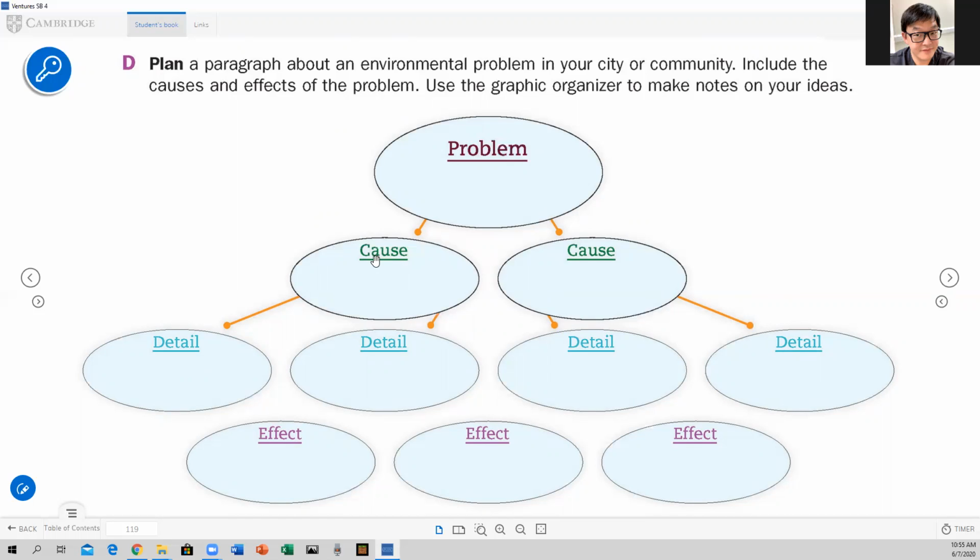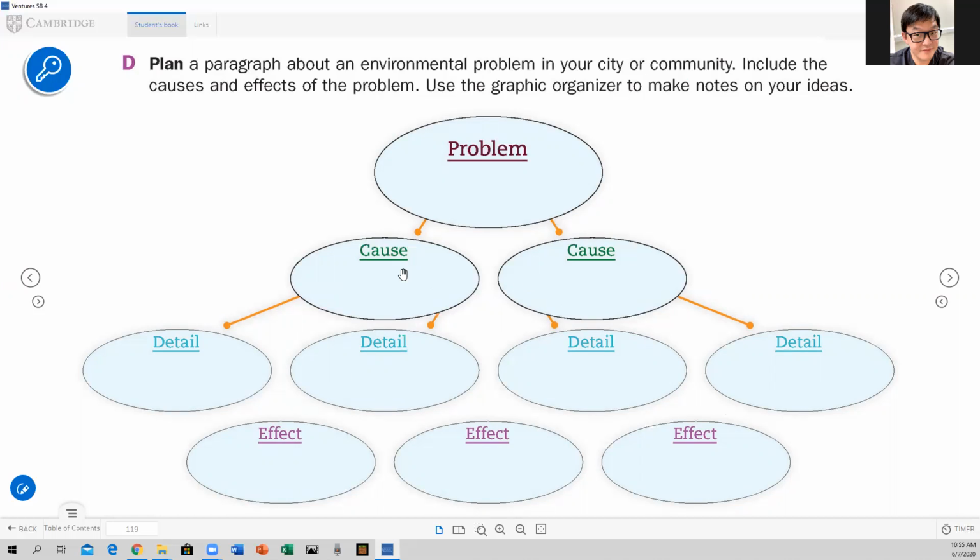This is a good exercise. It can be about any topic, but think about an environmental problem. Okay, something like pollution of rivers or whatever. Just think about it and do some research, and then fill out this paragraph organizer.